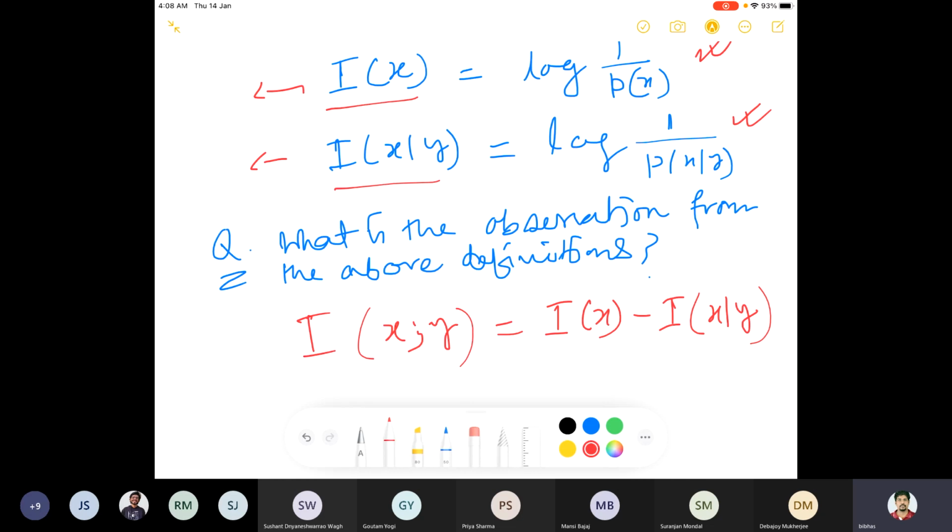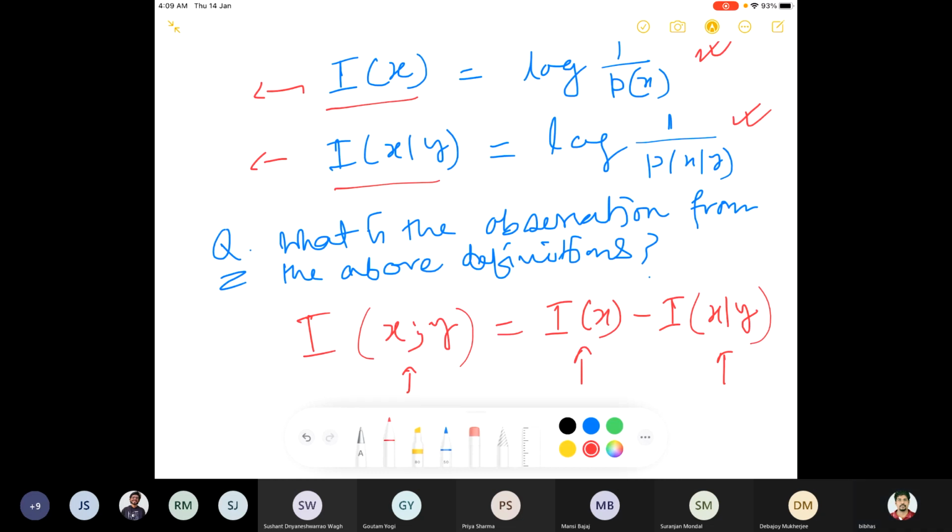So in terms of explanation, what does this equation say? The left hand side is the amount of information provided about x by saying that y has occurred.